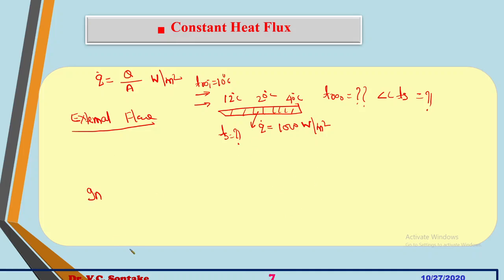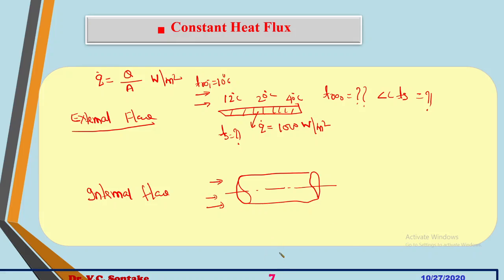Similarly, in case of internal flow, there is a tube surface. Once again, it is subjected to the heat flux of q dot, for example, 500 watt per meter square. So whenever constant heat flux condition is given, surface temperature is not mentioned clearly.